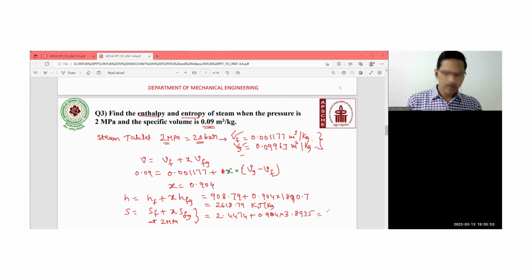So you will get this value as 5.9534 kilojoule per kg Kelvin. This is how you have to solve this particular problem. The basic fundamentals are required, so this is how you have to clear the things.